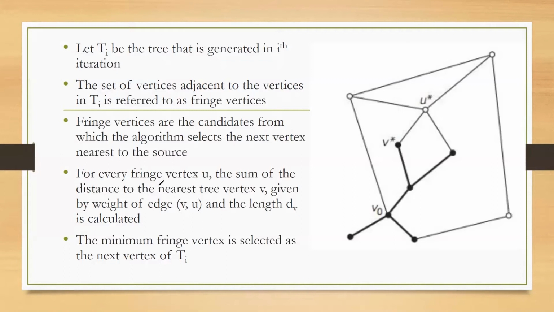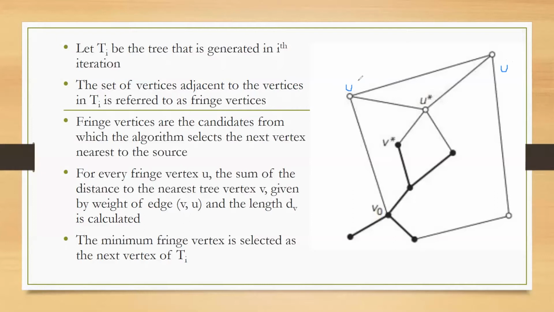Now what the fourth point tells, for every fringe vertex U. Now if this is U star, then this is a fringe vertex U and this is also a fringe vertex U. So two vertices are there, and we consider them as U. This is U star comma U and this is also U star comma U. Which path you have to select depends on this statement. For every U, what do you have to calculate?